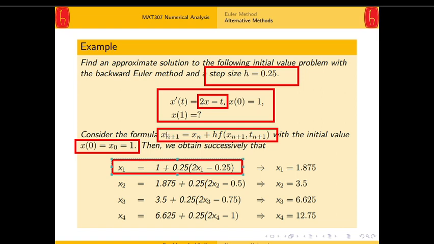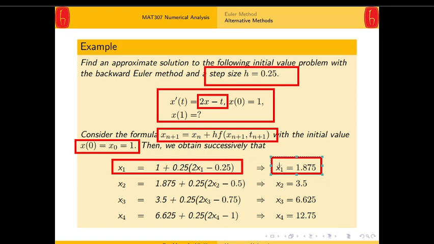This is for n is equal to 0. x1 will be equal to x0 plus h times f of x1 comma t1, where t1 will be 0.25, so it is substituted there. So x1 can be found with this formula.